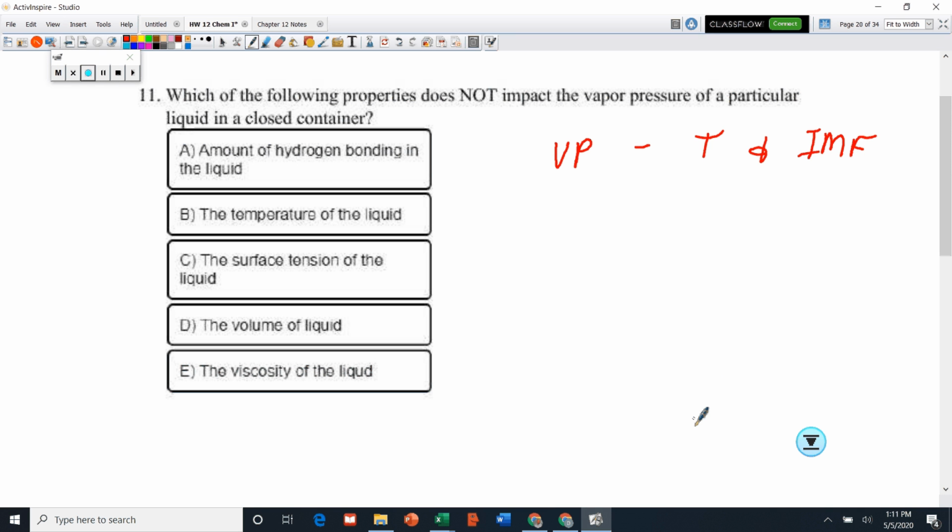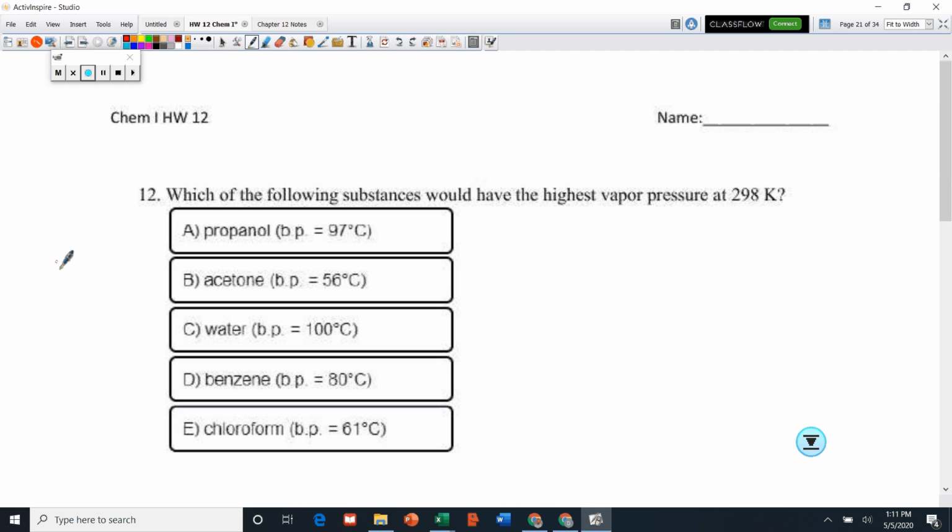So hydrogen bonding is an IMF. Temperature, talked about. Surface tension has to do with IMFs. The volume is just an amount. Viscosity has to do with IMFs. So go from there.